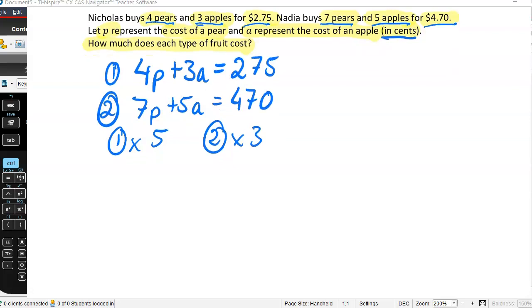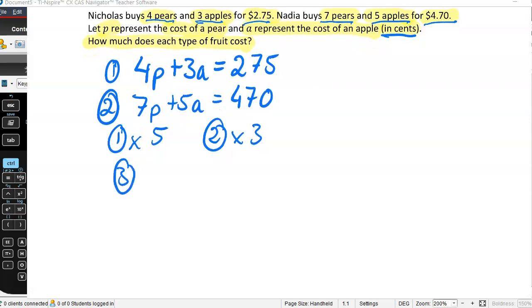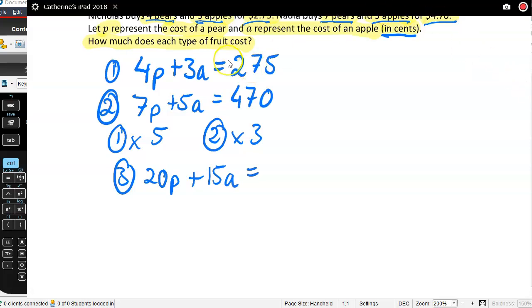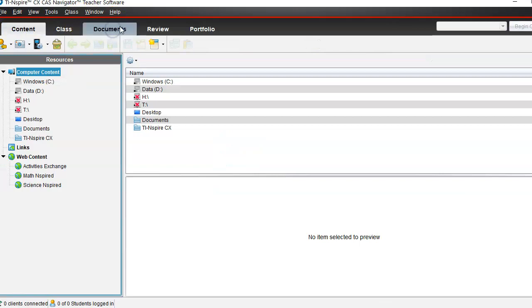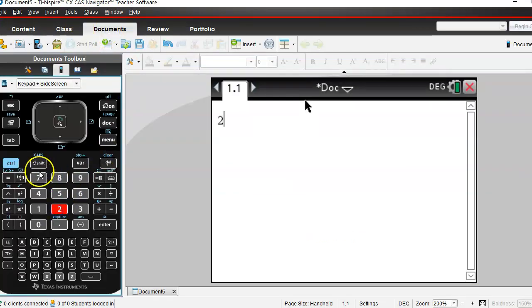Okay, so equation 3: 4p times 5 is 20p plus 15a equals, I'm going to need my calculator to help me there, 275 times by 5, 1375.